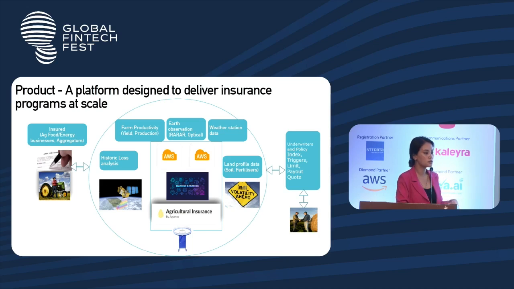All this information and data is gathered, and then we sit with the underwriters and we help them in creating a product. This is a nutshell, a short summary of Agvesto, and we are here to make a change, and we seek partners who can join along with us.